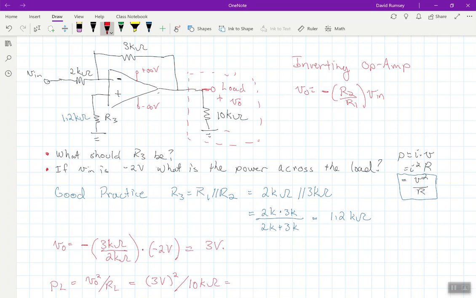And so if I do that, 3 squared divided by 10 kilo ohms, we get, mine's already set in engineering notation, 900 microwatts, or you might write this as 0.9 milliwatts, as far as the power dissipated across the load. So we're not always going to just be asking for what's the output voltage. We could be asking for what's the power across the load. But again, it's really not a difficult problem. It's just a couple steps here.